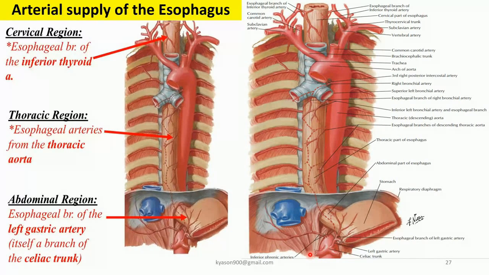This one here that we shall later call the common hepatic artery, and then this one that's going to the left that we shall later learn as the splenic artery, and then this small one that we are calling the left gastric, going to the stomach. Before reaching the stomach, it gives off esophageal branches that are going to come to supply blood to this small abdominal part of the esophagus.